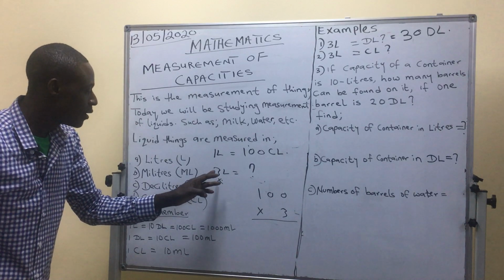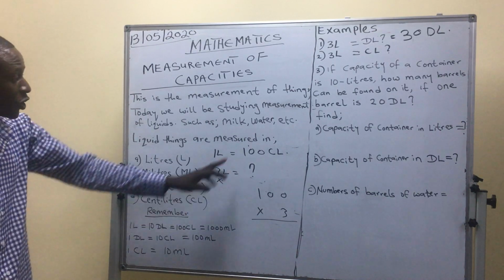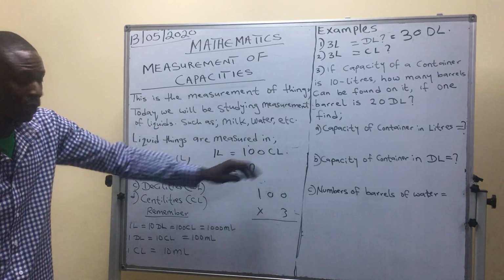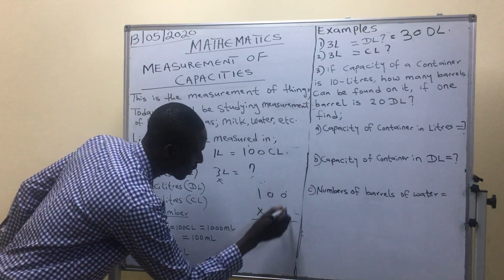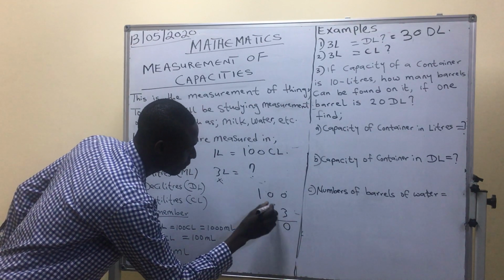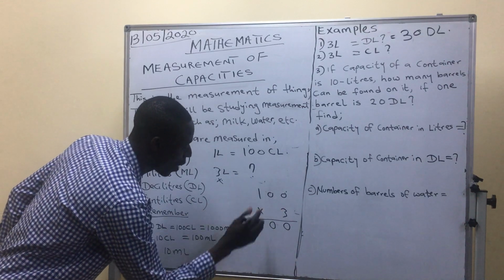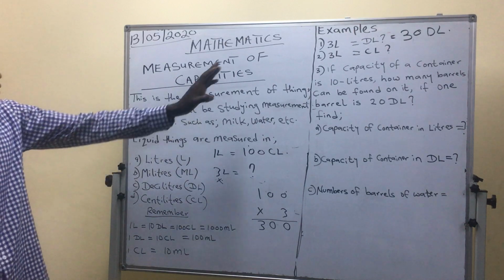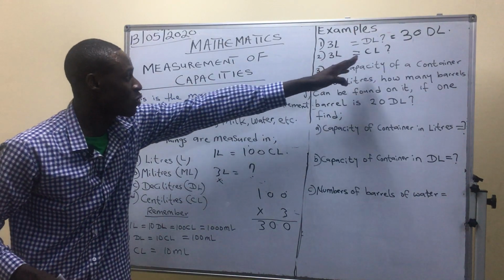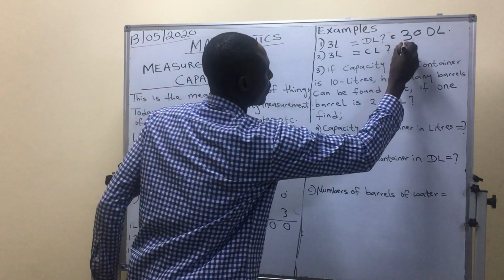Now 3 times 100: 3 multiplied by a 0 gives you a 0, and 3 times 1 gives you 3. Now, the answer for this question is 300 centiliters.